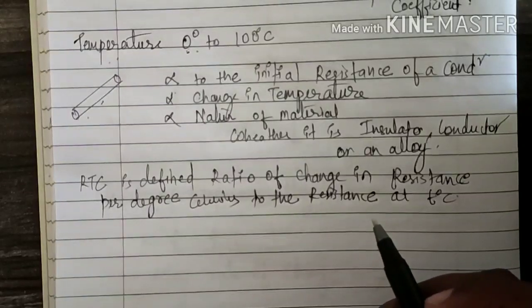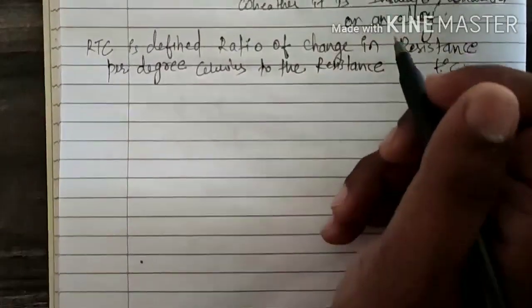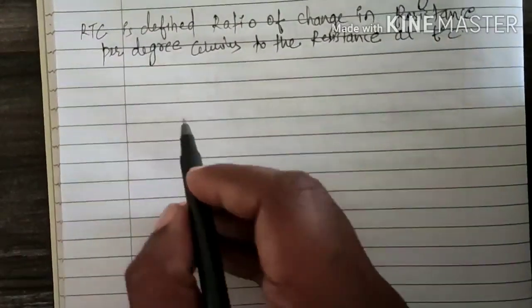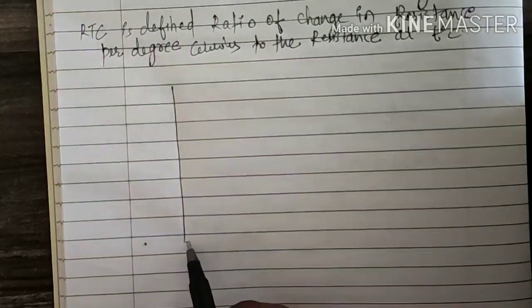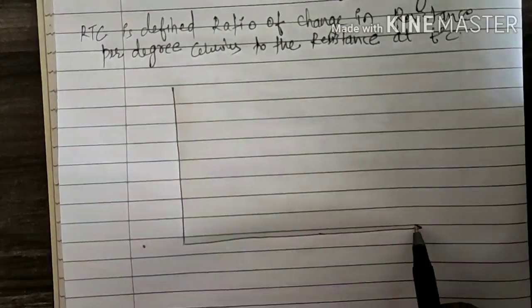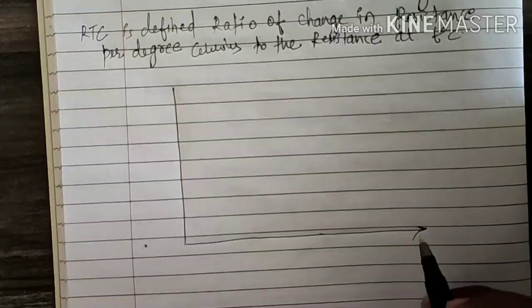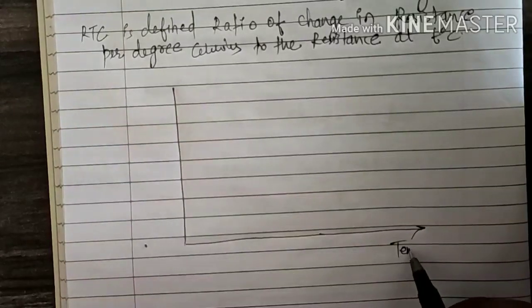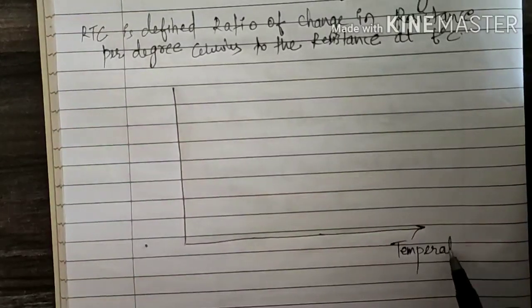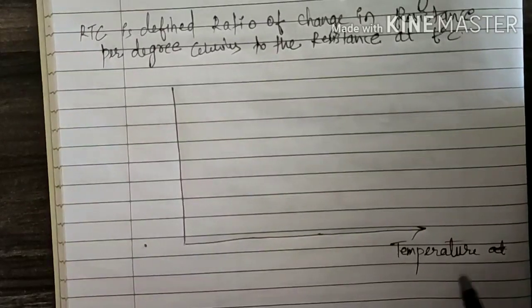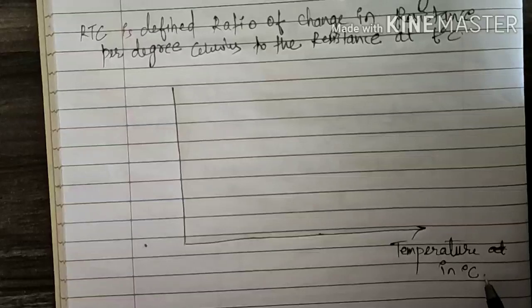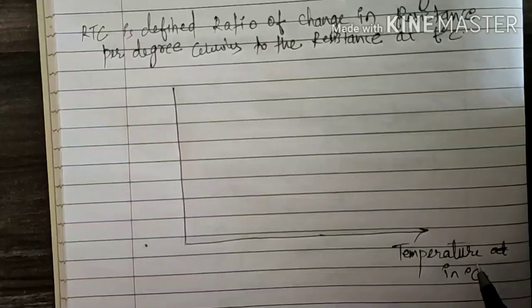Now there is one graph, the graph of RTC. The horizontal axis denotes the temperature, measured in degree Celsius.